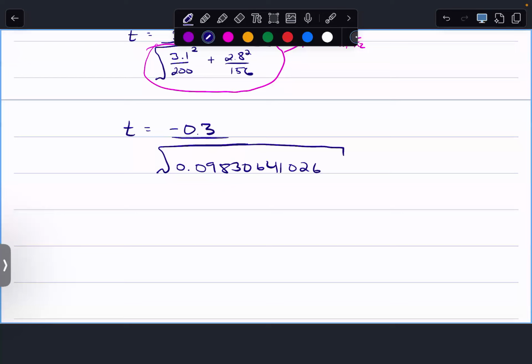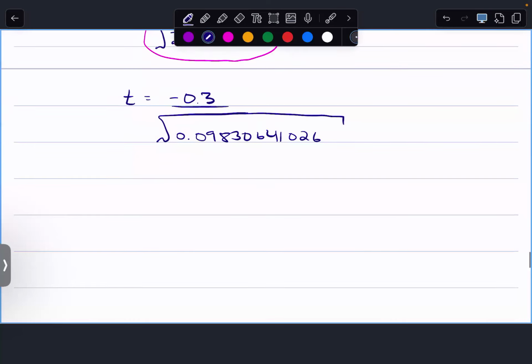I'm going to take the square root of that. 0.3135385307, and this is the standard error of x1 bar minus x2 bar.